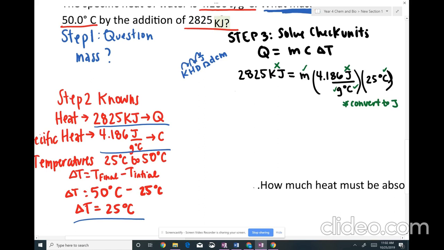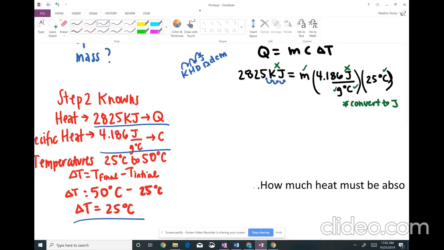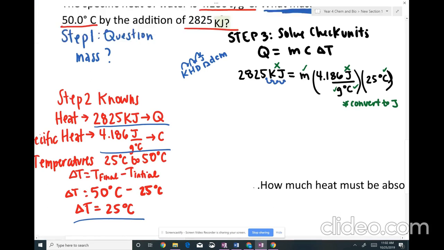So when I move my decimal point, my new number is going to be 2825 and then 3 extra zeros.